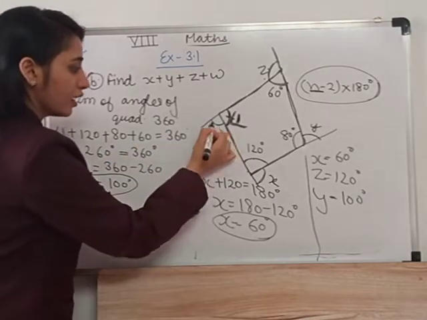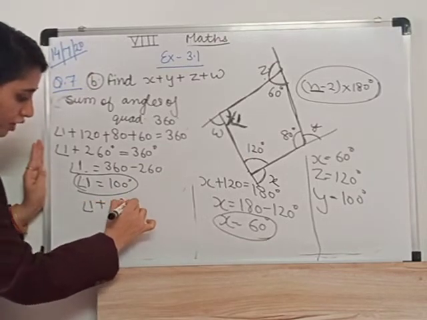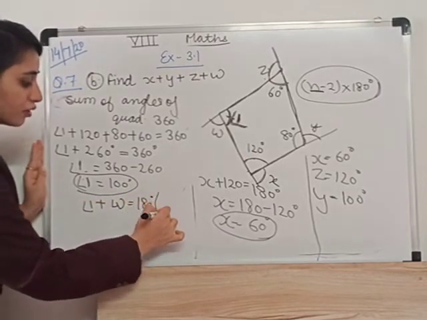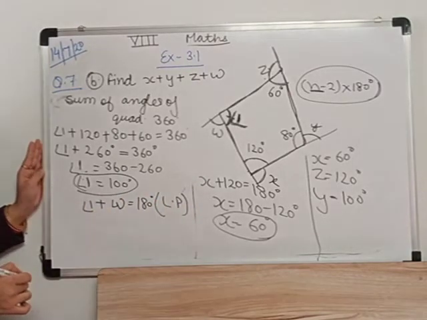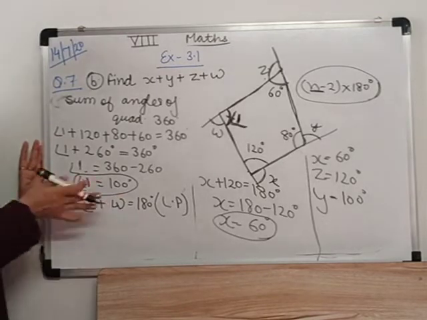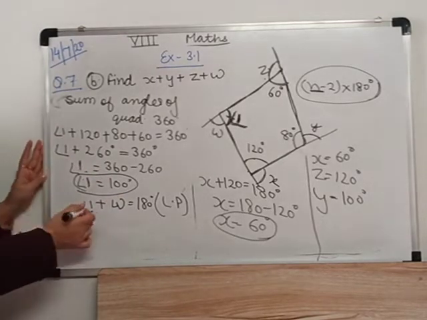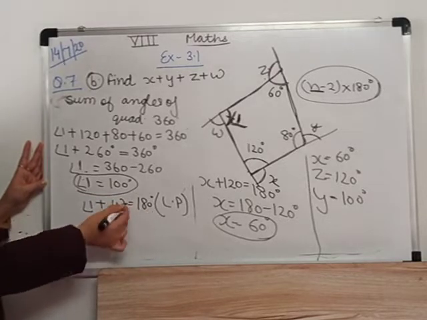Now angle 1 plus w is equal to 180 by linear pair, because the sum of a linear pair of angles is 180, as they lie on a single straight line. Both angles lie on a straight line, so their sum is supplementary, that is 180.